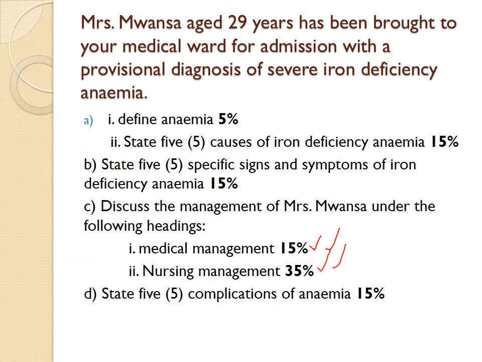Okay, and also you make sure that the room where you're keeping the patient is warm. So if there is a heater there, make sure that you switch it on. The whole reason why you're doing that is to prevent hypothermia, because you understand that anemic patients usually have less body heat as a result of a reduced amount of oxygen available for metabolism.